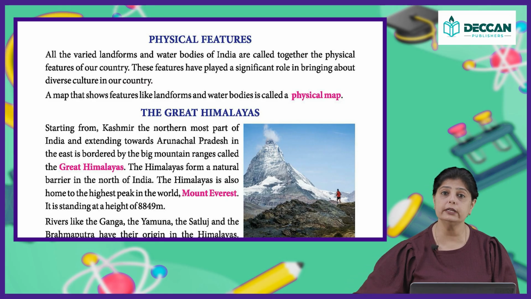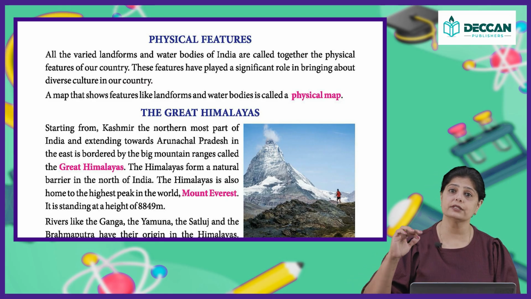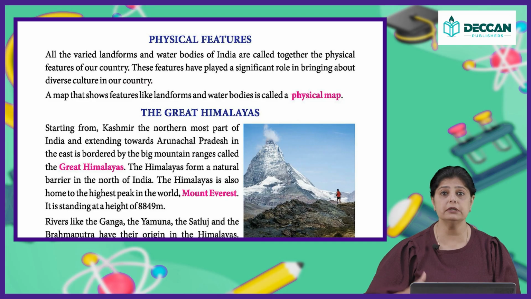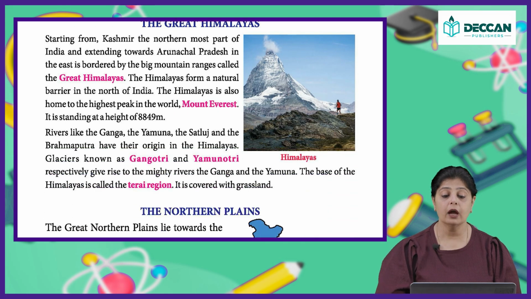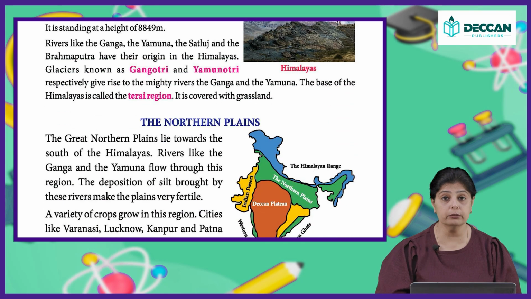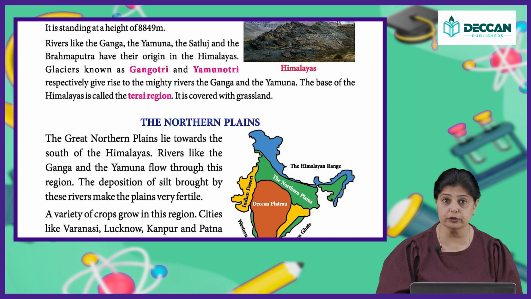From that point, that is how high it is, in meters, the height at which that mountain is standing. Rivers like the Ganga, the Yamuna, Satluj and Brahmaputra have their origin in the Himalayas.